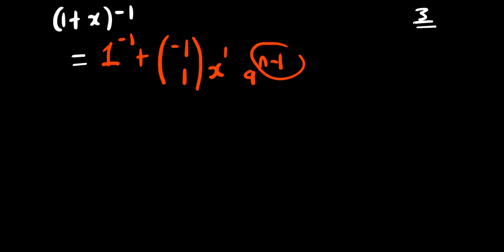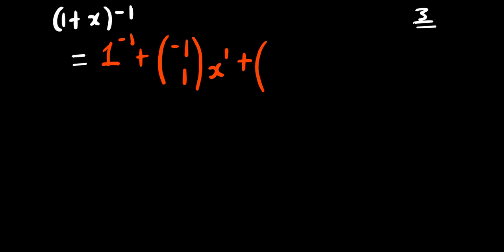Whatever the power is, because you've got 1 to the power any number, in this case a positive number, it will still give you 1. That's why I'm not writing that. That's the advantage when you have a negative power. So I'm not going to be writing 1s.